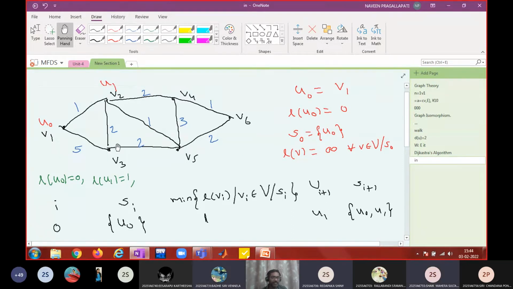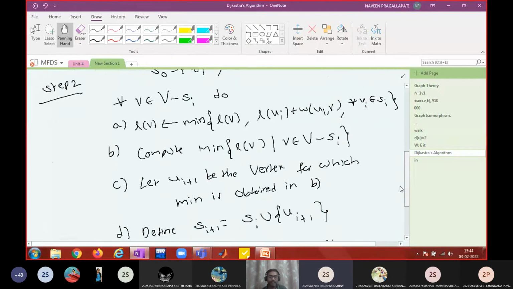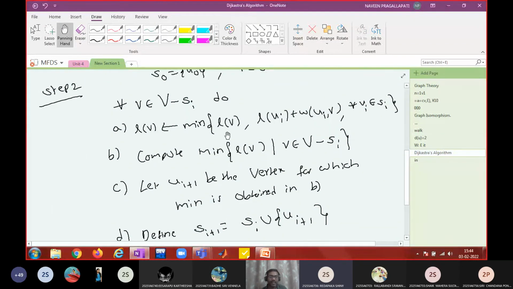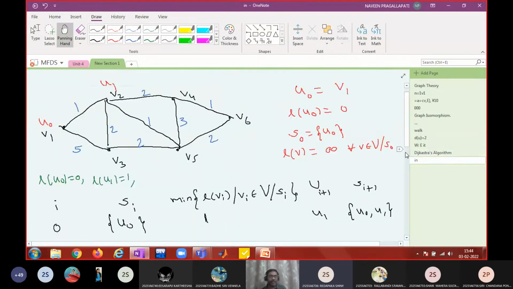V3, sir. See, you should see the algorithm once. That is not this step, you have to see this one: minimum of L of V, comma, L of Ui plus the walk from Ui to V. That means current weight plus the walk.